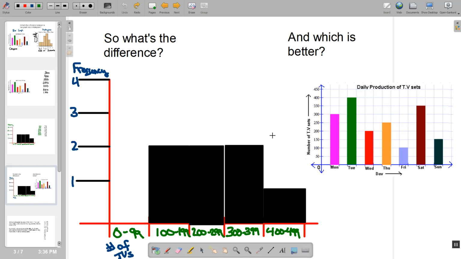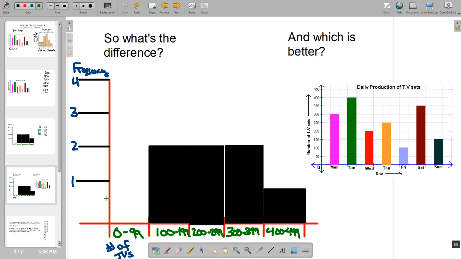If the question you're trying to answer is, which day do we sell the most TVs? Obviously, the bar graph would be better because it has Tuesday listed on the graph. If it said, what is most likely the number of TVs we're going to sell on a given day, the histogram is going to be much better for that.